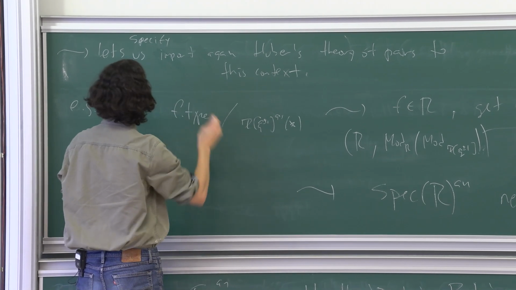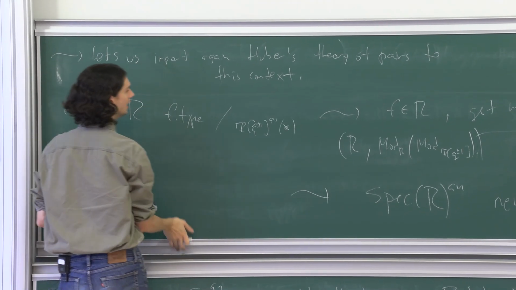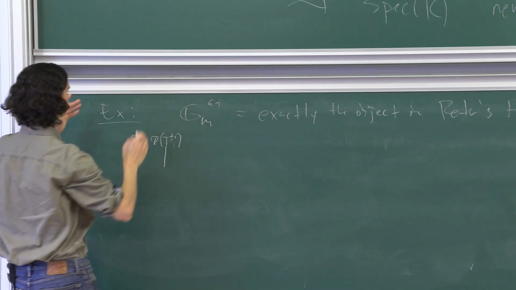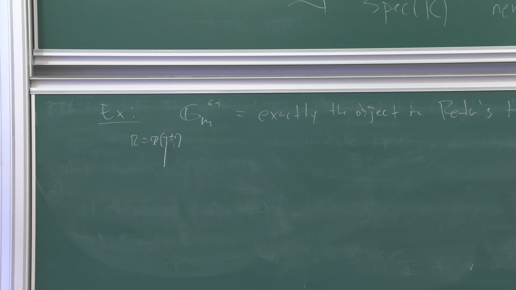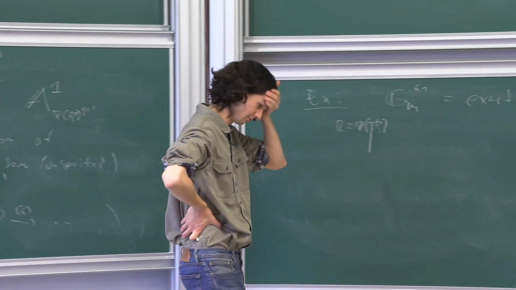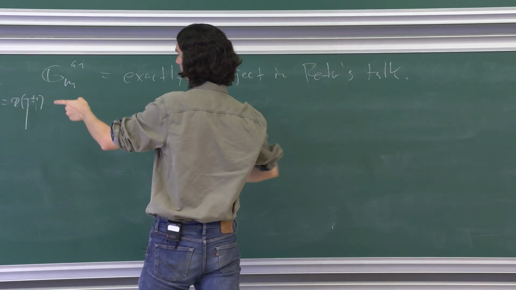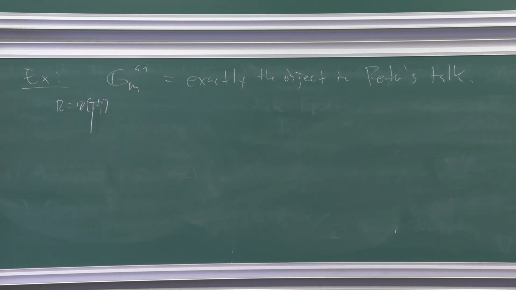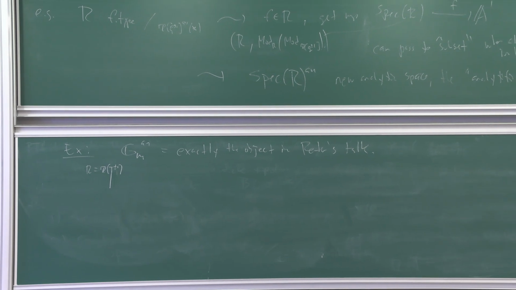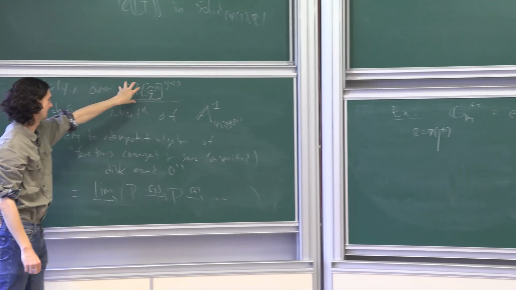Right. So probably what we should do is we should only work over, we should probably add an extra axiom to our, well, we can shrink the spec of this ring as well.